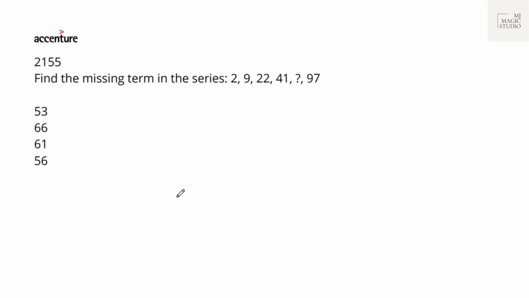Okay, one more from the missing term number series, and we know the drill. Let's find the difference. Yes, it's not increasing in multiples, so let's find the difference. The difference is 7. 22 minus 9 is 13. Then 41 minus 22 is 19. Now, at the second level of difference, we can see it is 6.